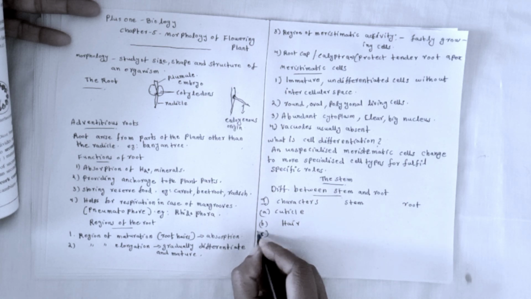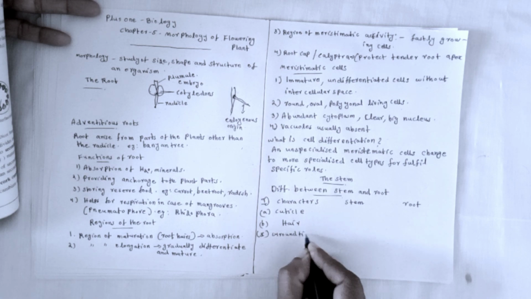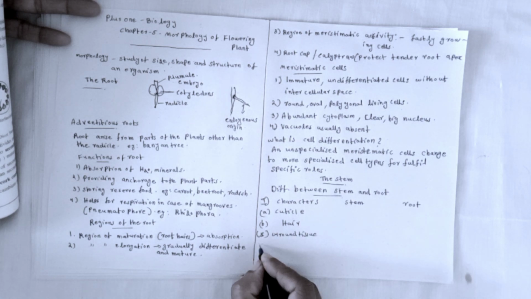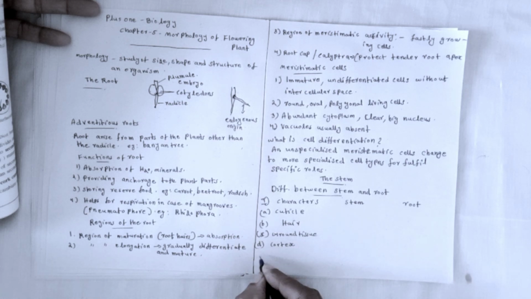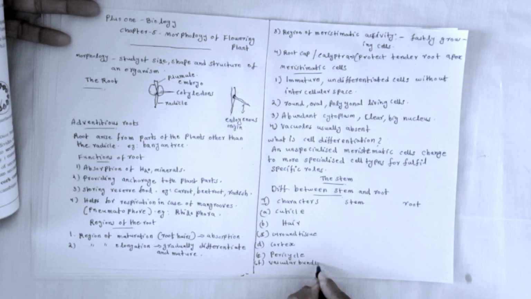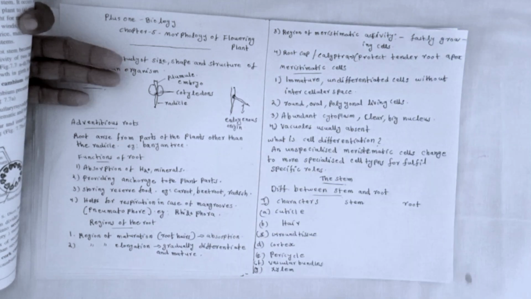Third, ground tissue: cortex, pericycle, vascular bundles, xylem, that is conductive tissue. Vascular bundles with xylem and phloem. Xylem usually conducts water and phloem conducts food materials.